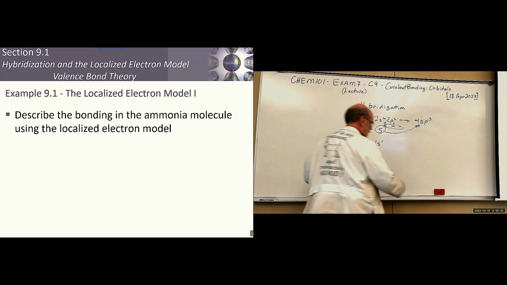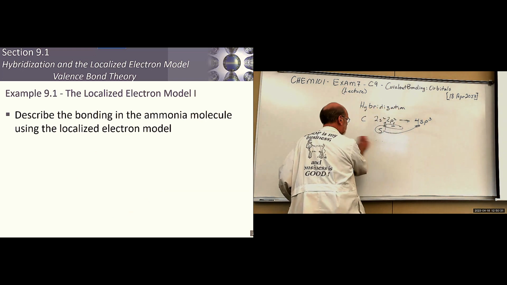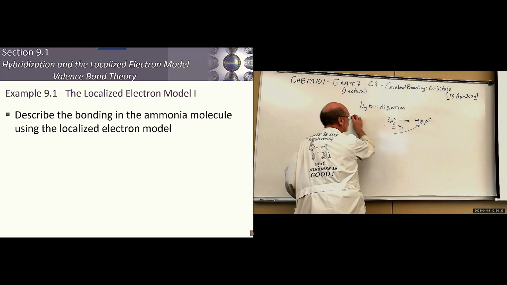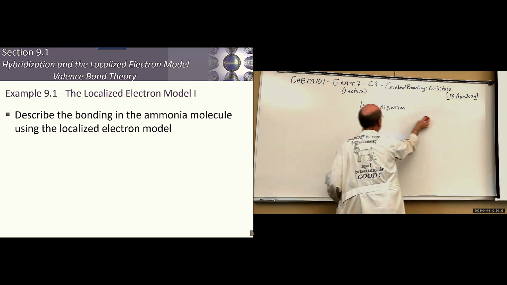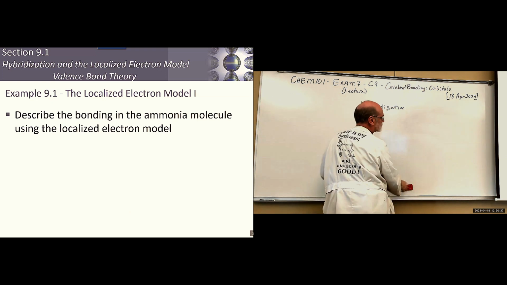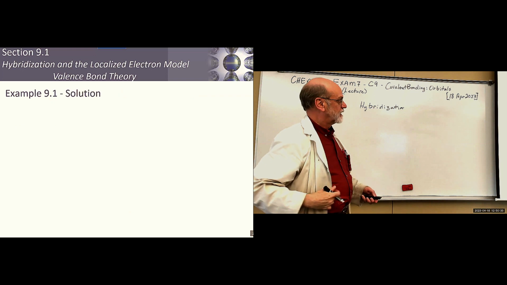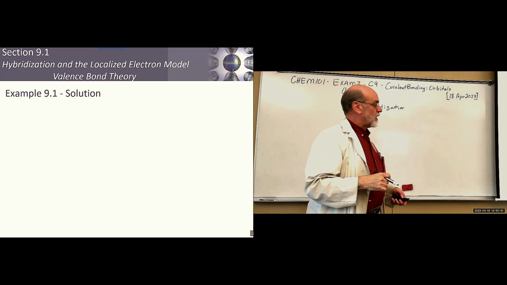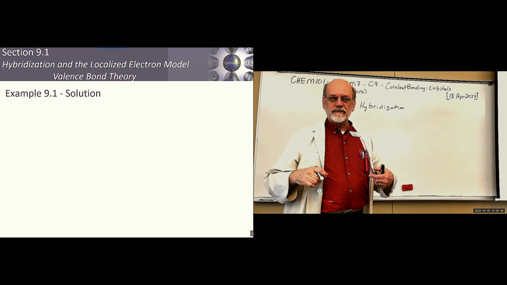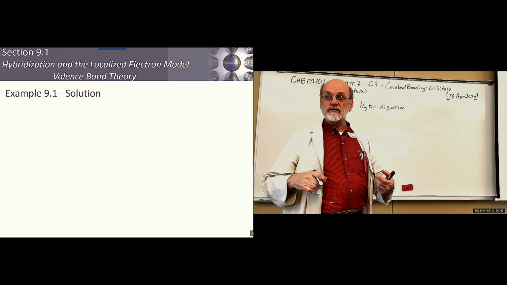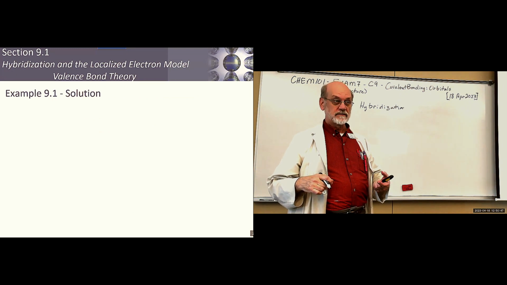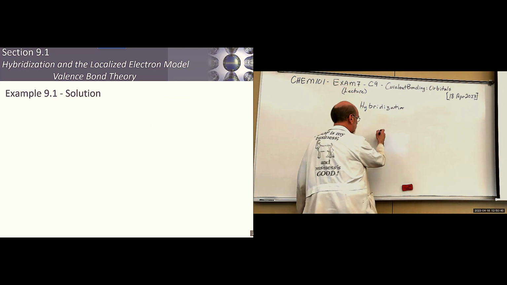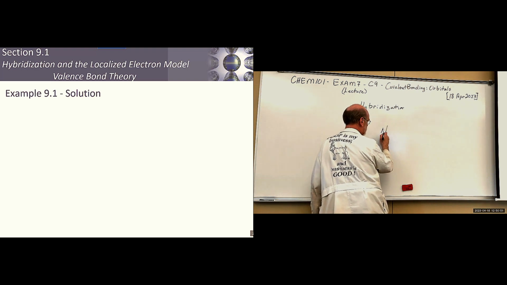All right, how would this look with a different molecule like ammonia? Well, we know that ammonia's electronic structure is tetrahedral, and we've drawn it like this.